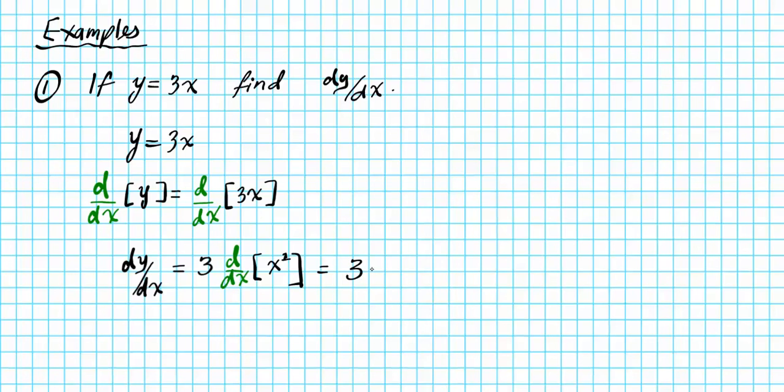So bring down the 3, and then with the power rule, you power down the exponent 1, and then you mark the exponent down by 1. So that leaves us with 3 times 1, which is 3, x to the 0th power. x to the 0 is 1, so you have 3 times 1, which is 3. And that's exactly what we concluded the answer was going to be based on the shortcut that we discussed earlier.